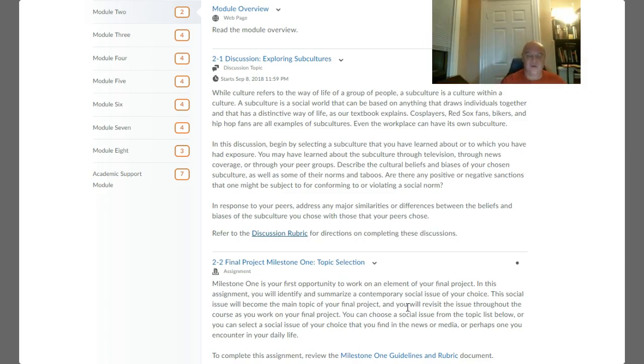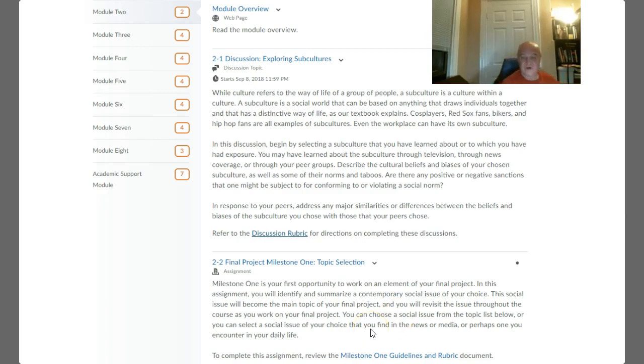Each of these milestone assignments, and please go through and review when these milestone assignments are due. If you complete final project milestone 1 successfully, you will then build on that in milestone 2 and so forth until your culmination with your final project.